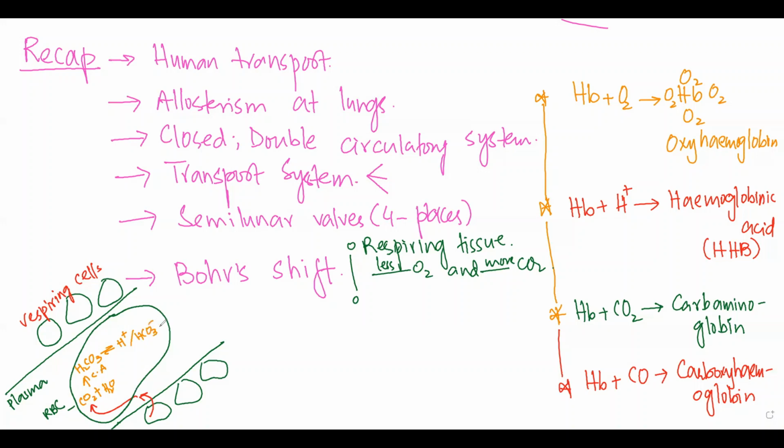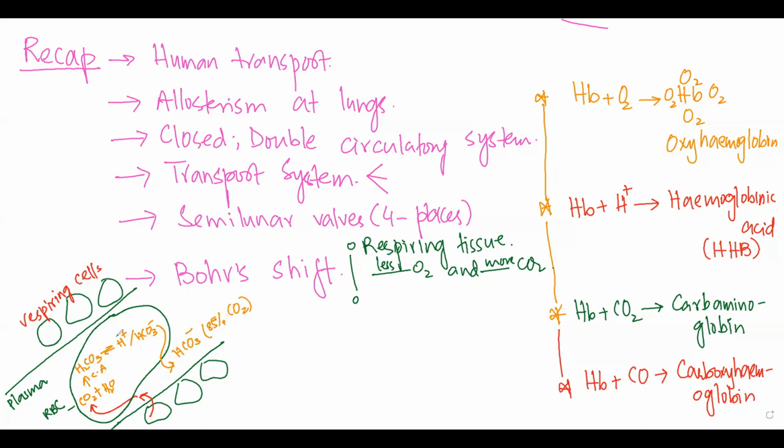HCO3 minus goes out of the cells to plasma. And 85% of CO2 is transported from tissues to lungs as HCO3 negative.